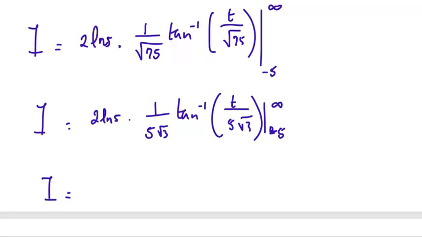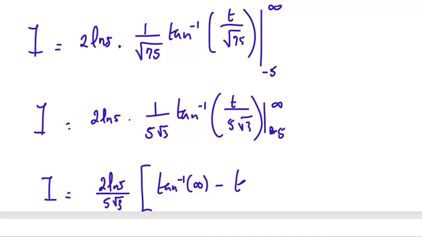So I is equal to, this will be 2 ln of 5 all over 5 root of 3. Then multiply by now. Put the upper limit to get the inverse tangent of infinity. Minus the lower limit to get the inverse tangent of, we know that is going to be negative 1 over root 3, right?